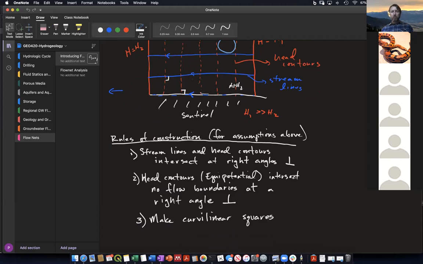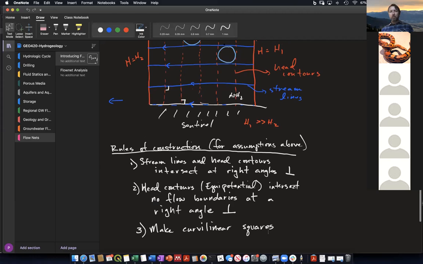Head contours intersect no flow boundaries at right angles, which is basically saying that a no flow boundary means no flow in the direction across the boundary, but along the boundary, it's actually a flow line. So flow is occurring along a no flow boundary, but no flow occurs across it. And then we make these sets of curves such that we have these curvilinear squares.